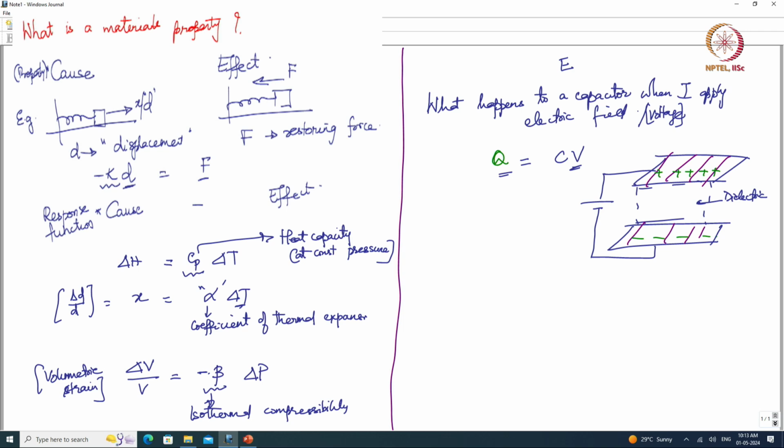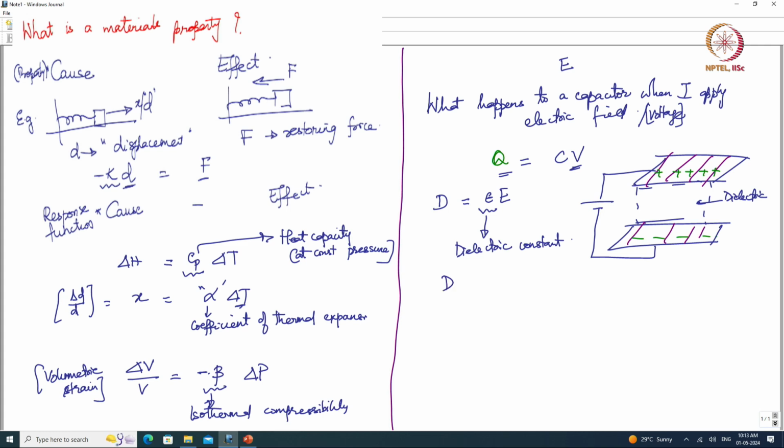Now, we can also make this same equation geometry independent and write it as what is called D, or the displacement charges. We will actually look in detail at what these displacement charges are. It is nothing but the dielectric constant of the material times the electric field, right. So the material property here is the dielectric constant, which is relating my applied electric field, that is the cause, and the effect is the charge that I am generating.